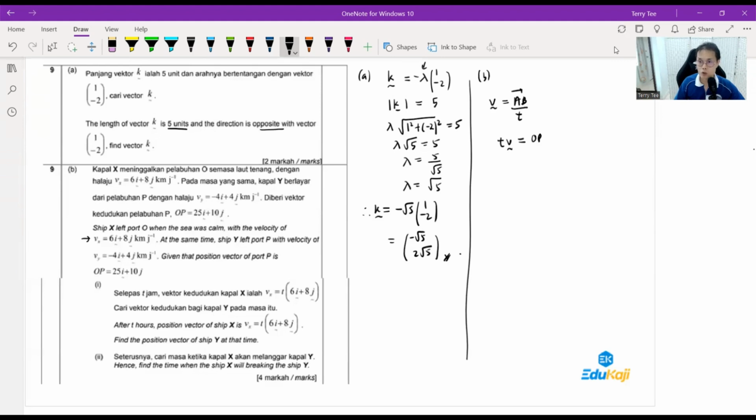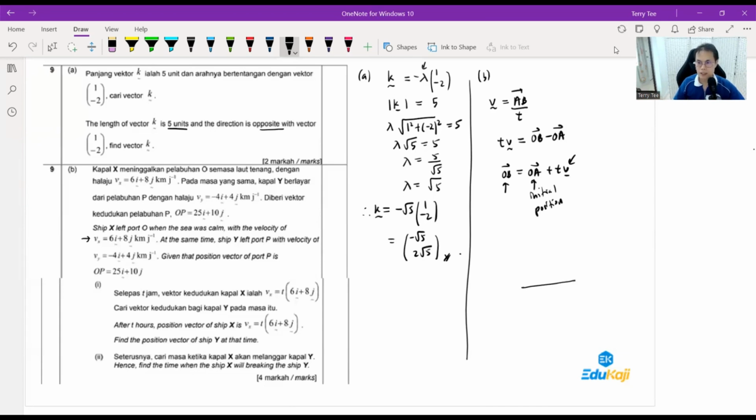AB will be OB minus OA. If I make OB the subject, OB is OA plus TV, where B is the final position of the ship, of the boat, or things like that, and OA is your initial position. So basically, it's the initial position plus T times the velocity.